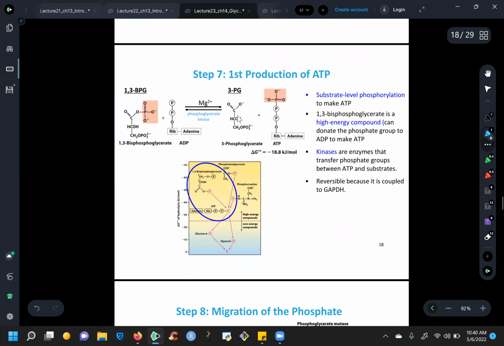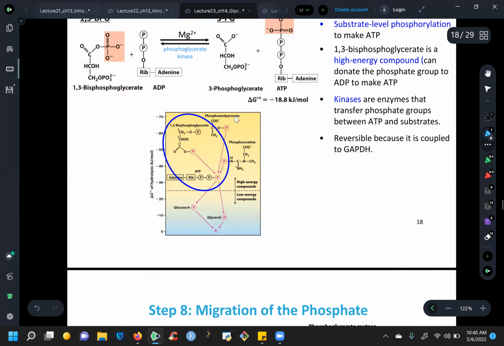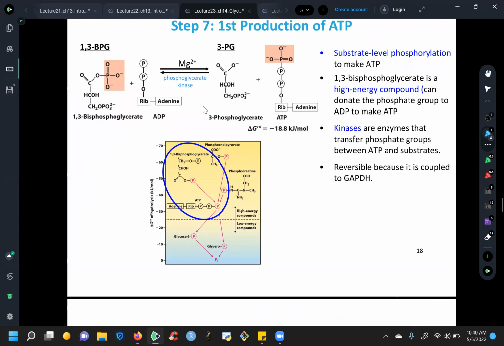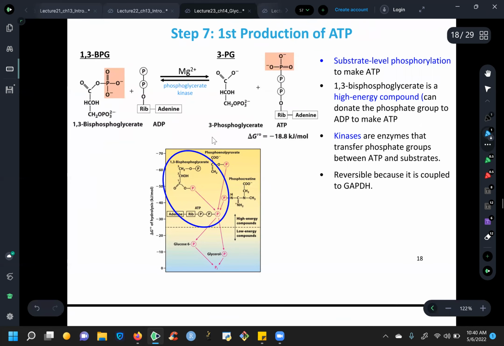Step 7, the first production of ATP. Again, we have our high energy molecules, phosphoenolpyruvate and 1,3-bisphosphoglycerate. Both of these can be used to make ATP. Here we're talking about 1,3-bisphosphoglycerate.